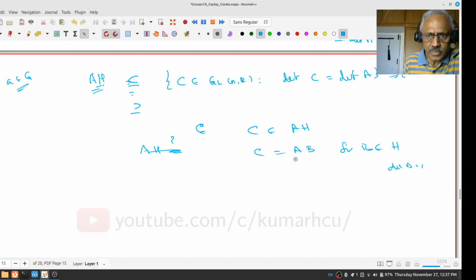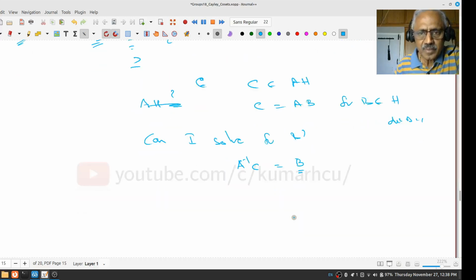Right? So can I solve for B? Yes, because remember these are all invertible. Therefore multiply by A inverse: A inverse C is equal to B. So I solve for B. But am I through? No, because I have to ensure this B belongs to H. That is, I have to show determinant of B is 1.